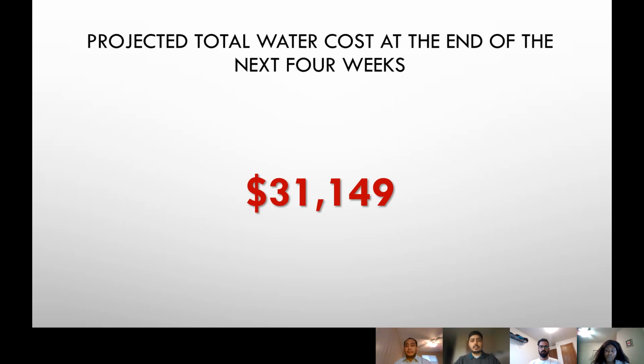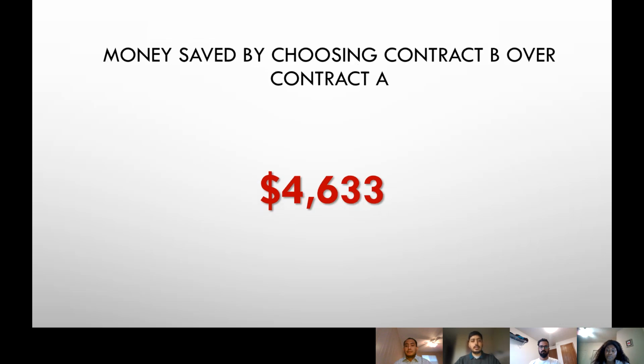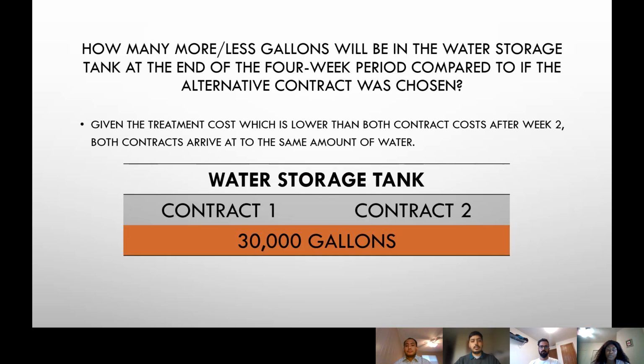So overall, to summarize the outputs from our analysis, we chose contract B, which costs us around $31,149. On comparing the two contracts, we see that we have a savings of 4,633 when we choose contract B over contract A. Apart from this, our further analysis has also given us a small insight into how contract 1 and contract 2 have leftover water.